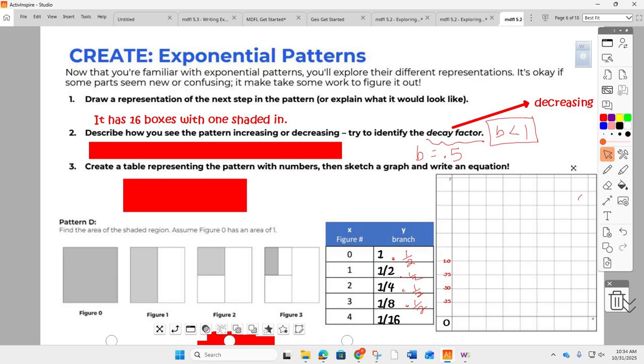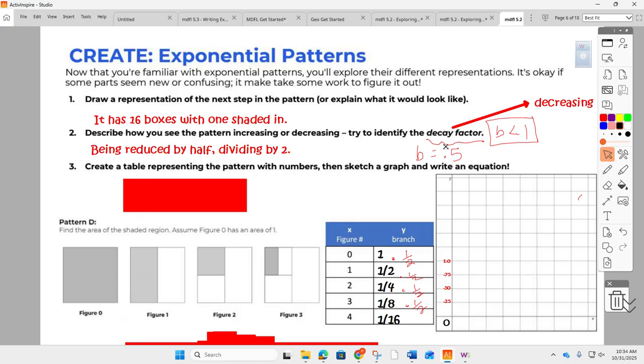So the y's are going down, so this is decreasing. So our graph is not going to look the same. We are going to describe our growth rate as being reduced by half. You could say dividing by 2, times 1/2 is another way to say it. Our growth rate, or decay rate, our decay factor, however you're going to say it, is 0.5.